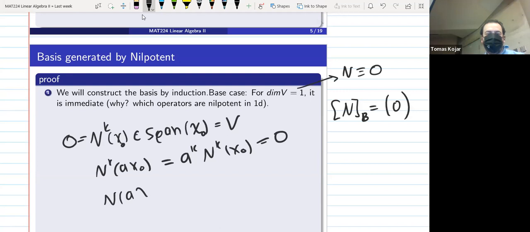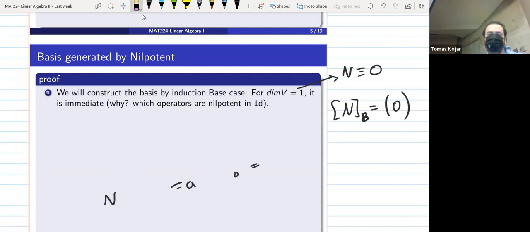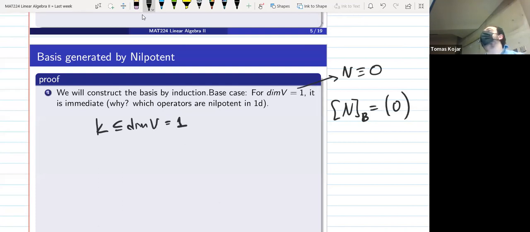Oh no, this is all garbage. No, the proof is much simpler. I'm sorry. We proved that the nilpotency degree is less than or equal to dim V, which is 1.